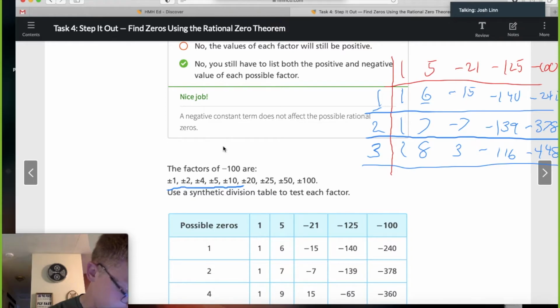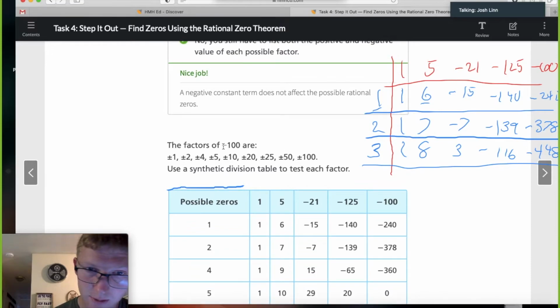So you can see 4 down there. We're going to speed this process up. And look, 5. That seems like a good number to go. 5. So bring 1 down. 1 times 5 is 5. Add it to 5, you get 10. So then you times 5 is 50.